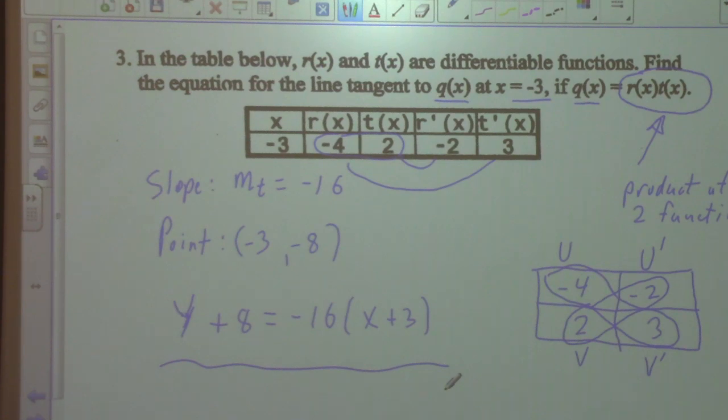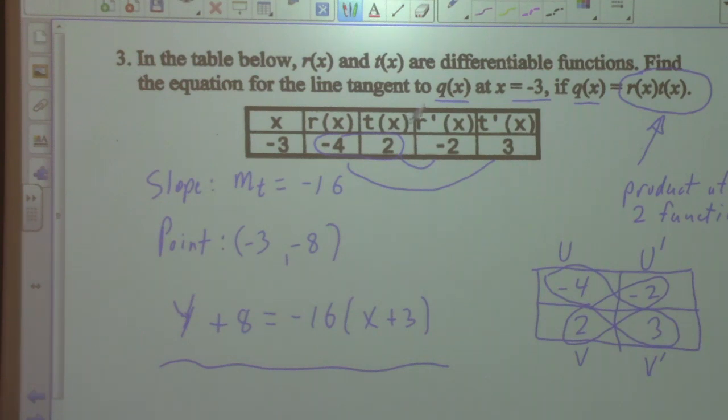I know hitting you with a table like this might seem out of the blue, but I hope you can see that you can put together and synthesize what we've learned already to be able to do this. At least that's the idea.